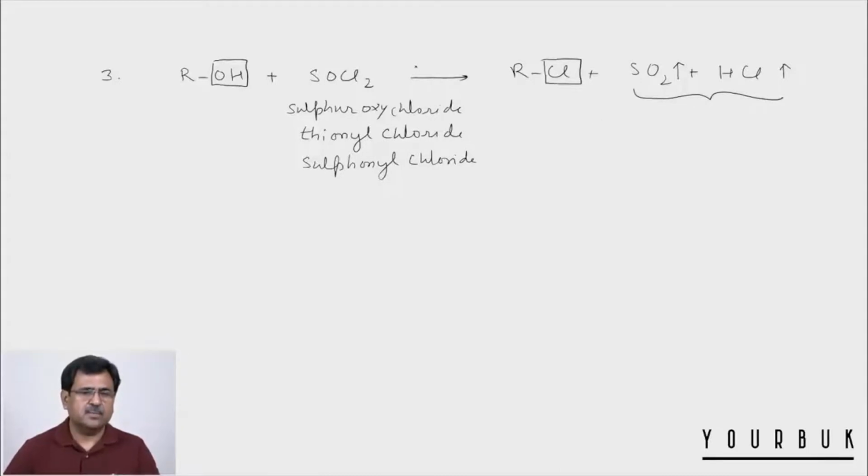But in some reactions we write pyridine also. Now this pyridine is present as a base. This pyridine acts as a base and it helps in the removal of hydrogen chloride in the form of a salt from the right hand side.